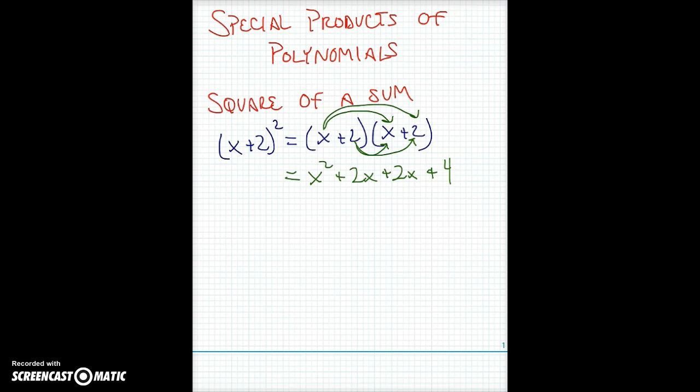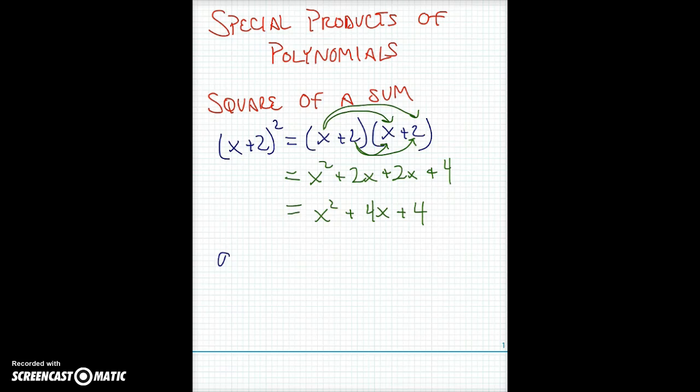We can combine our like terms, and we end up with x squared plus 4x plus 4. Okay, so that's no different than we've looked at before. Let's look at what happens when we do this in general for any real numbers.